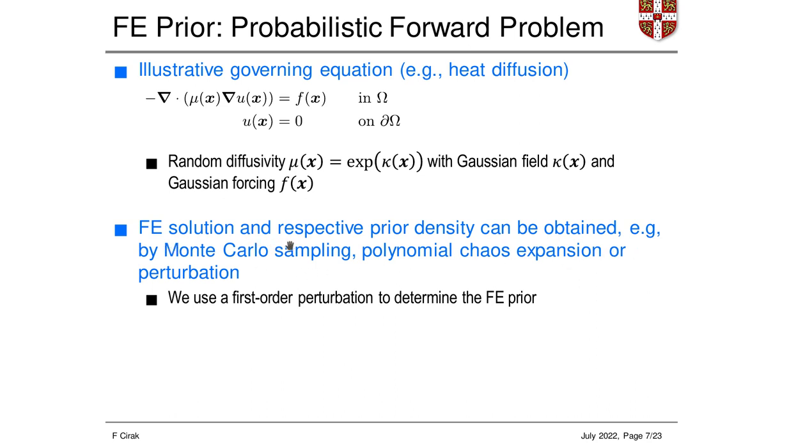Usually, the finite element solutions and the respective prior densities can be obtained by, for example, Monte Carlo sampling, polynomial chaos expansion, and here we use the first order perturbation to determine the finite element prior.